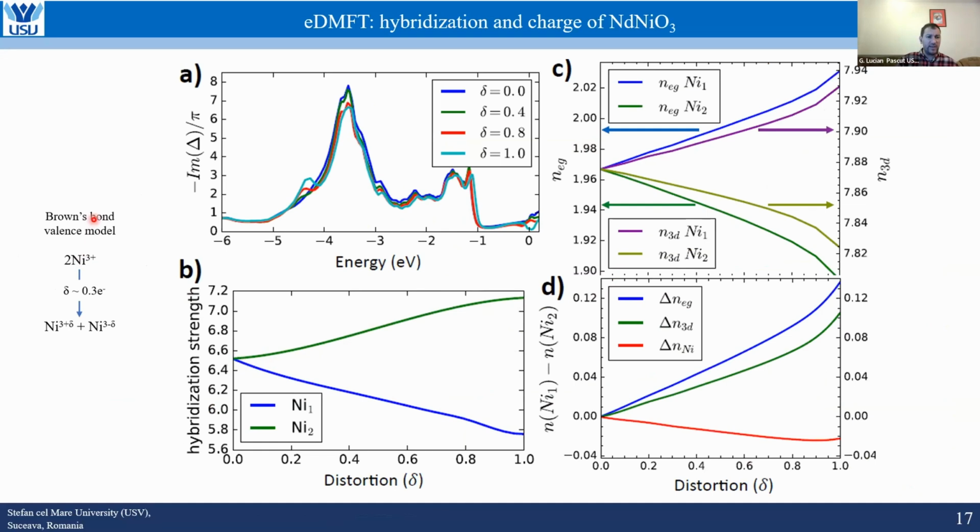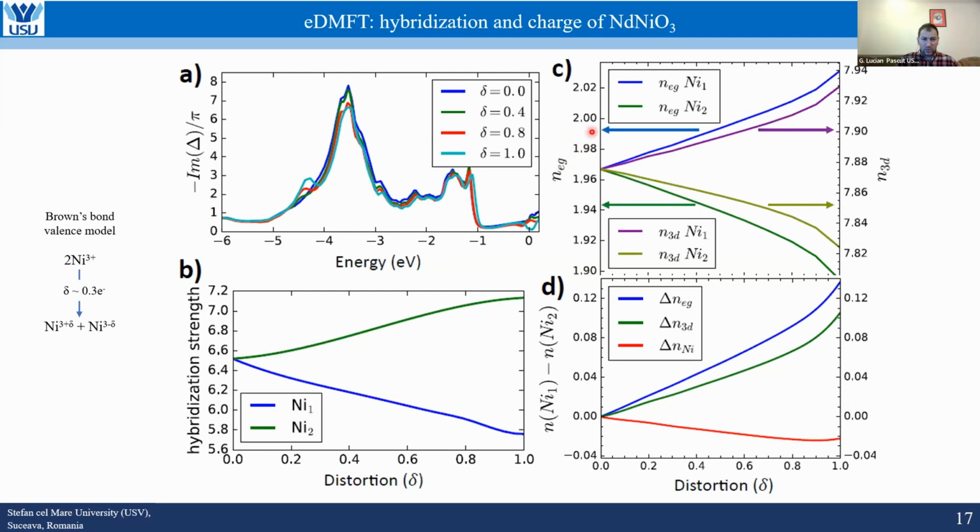Now, thinking of the charge disproportionation based on the bond valence model, I started to look at the charge around my two nickel sites, expanded and contracted. This is nickel inside an octahedron, so I have eg and t2g-like orbitals. The eg orbitals are completely filled, and I looked at the eg sites.